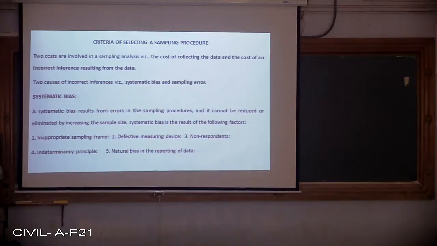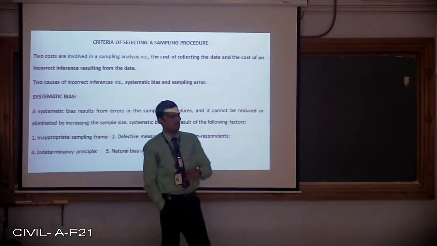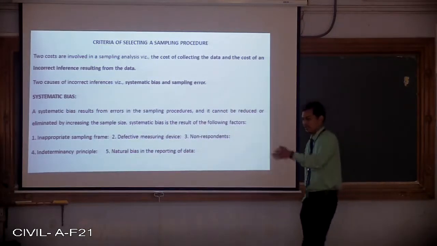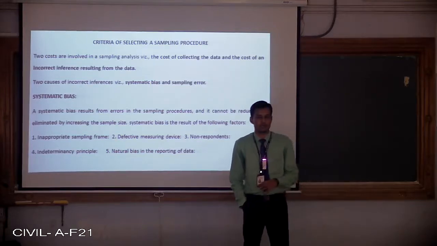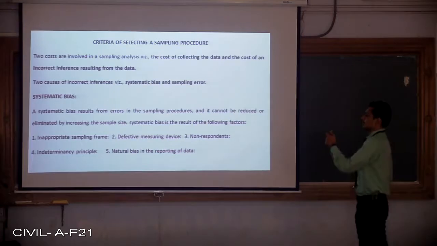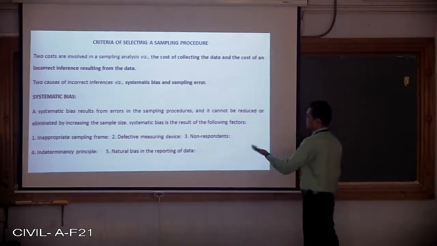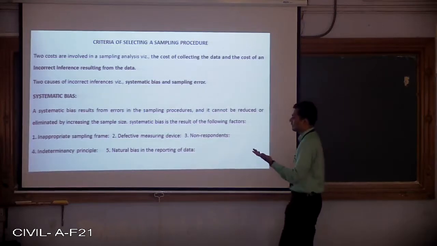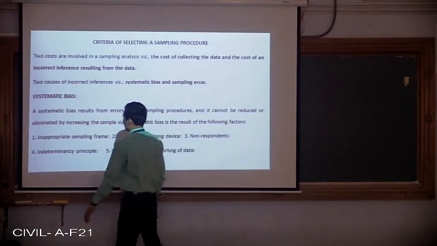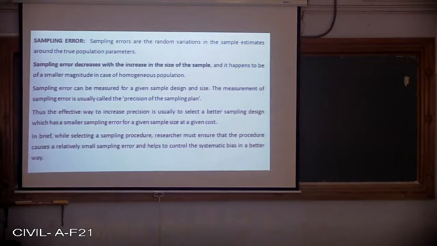It cannot be rectified, reduced or eliminated by increasing the sample size. You cannot say that I'll return your material and pay back my 10 lakh rupees. That cannot happen. What is left is that you have to identify the factors. Maybe your sampling frame, your order, was wrong, or there was a defective measuring device, non-respondents, the indeterminacy principle, or natural bias in responding. These are the factors included in systematic bias.